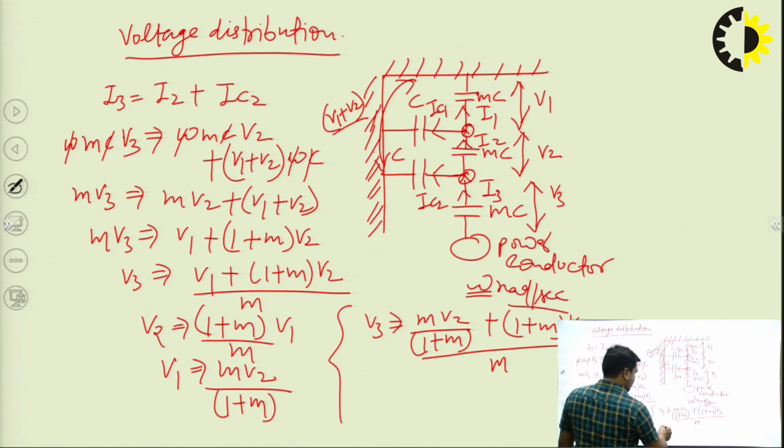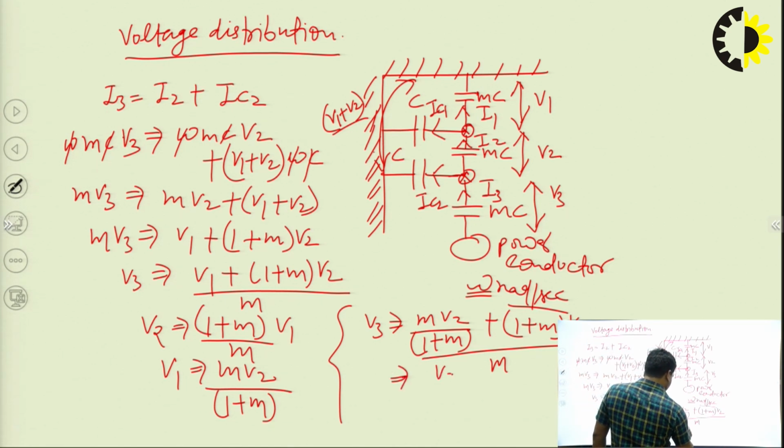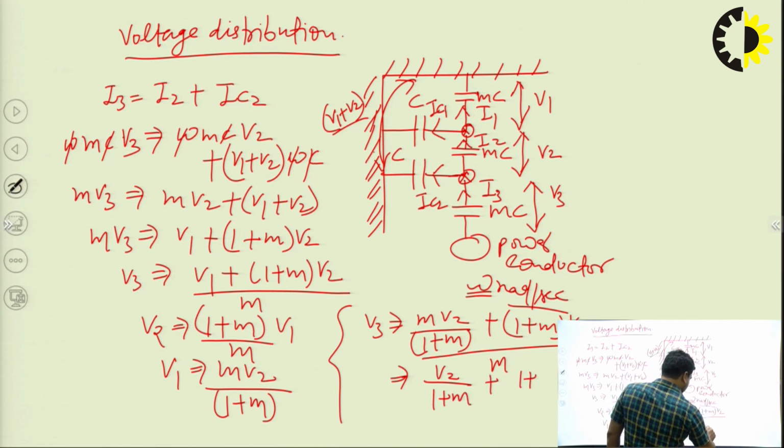So we can have V2 upon (1 plus M) plus (1 plus M) upon M into V2.